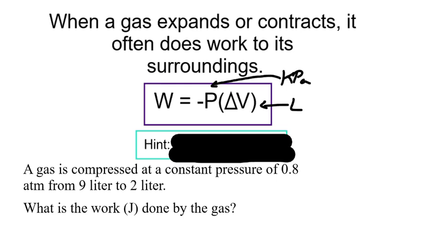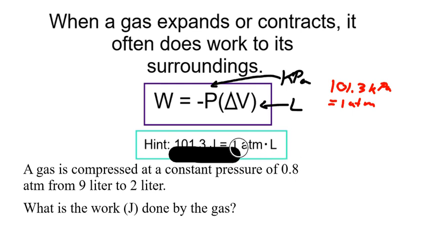if they're in atmospheres. So the key thing to remember is that there is 101.3 kPa in 1 atmosphere. And since you're more likely to see atmospheres in these problems, you can use that relationship, and you know that 101.3 joules equals 1 atmosphere liter.